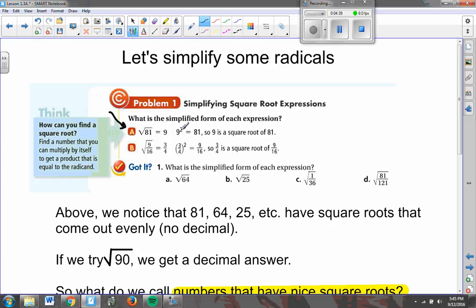So 9 squared, 9 times itself again, is 81. So the square root of 81 then is 9, because that's the number that we times by itself to get 81.